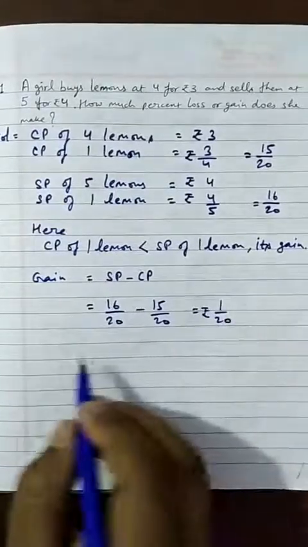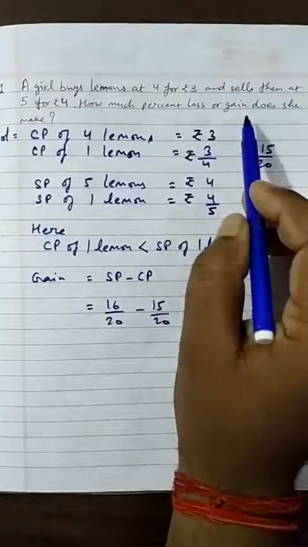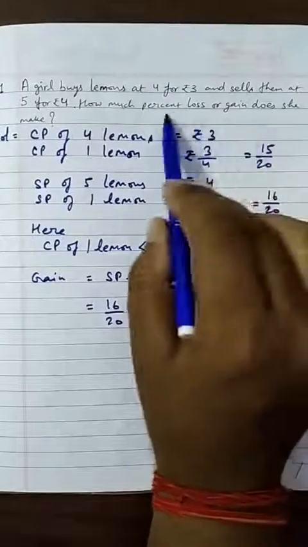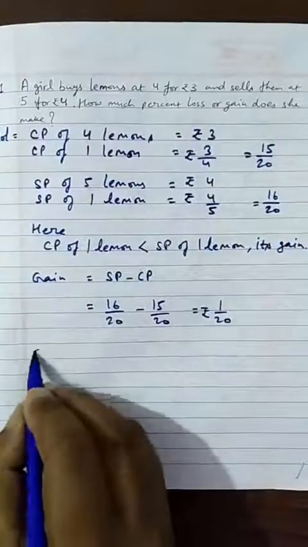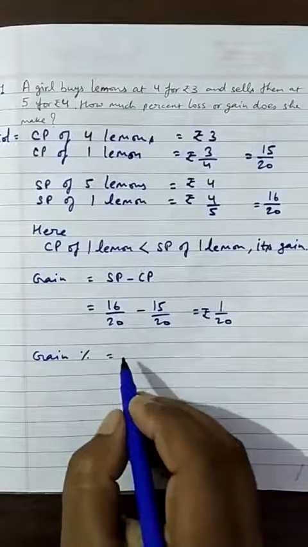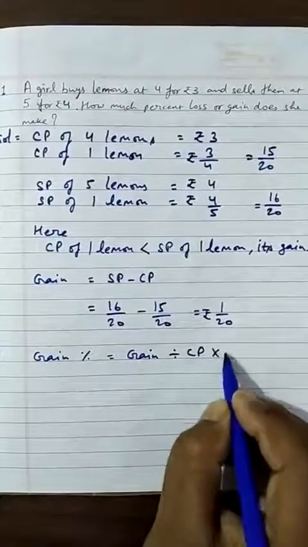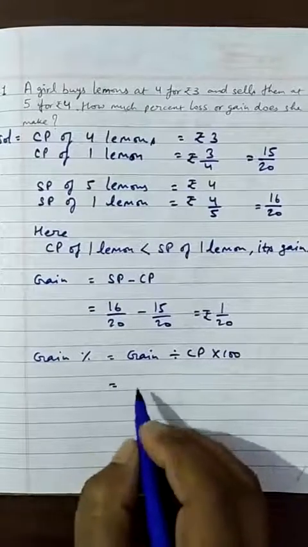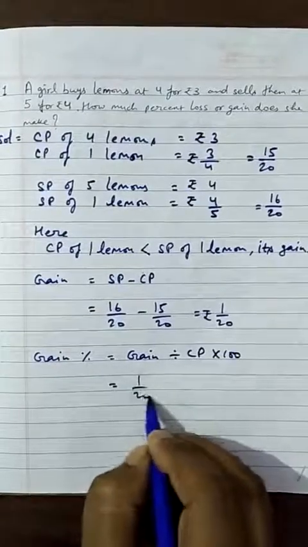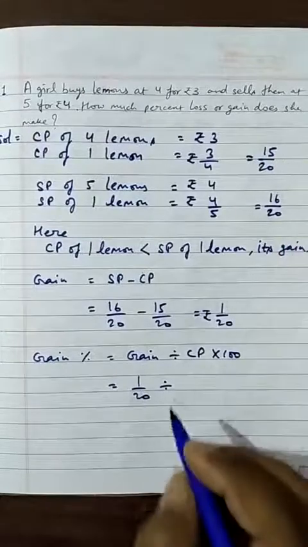Okay, now we have to find the gain or loss percent also. The formula for gain percent is gain divided by CP multiplied by 100. So gain is 1 upon 20 and the cost price of one lemon is 15 upon 20.